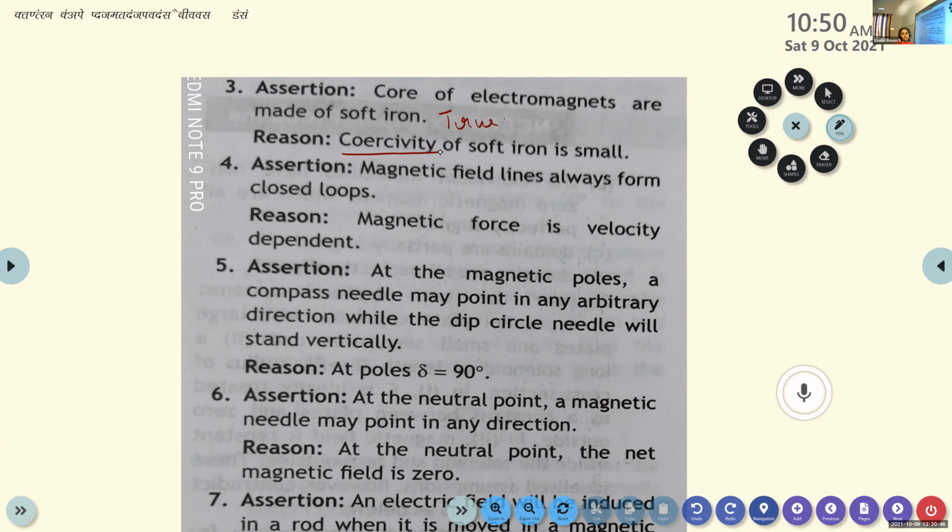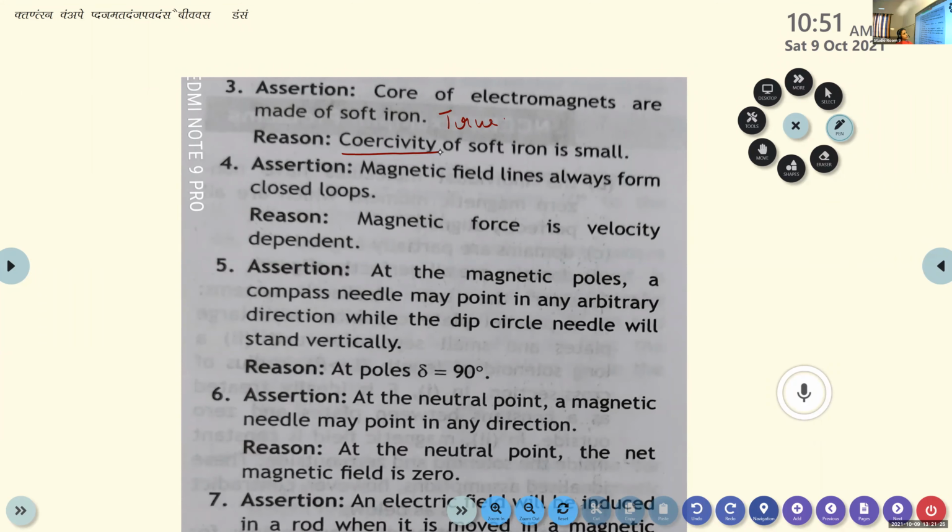Coercivity means the resistance of a magnetic material to change its magnetization. So this implies that the higher the coercivity, the more difficult it is to demagnetize the material. It is some kind of resistance offered by the magnetic material to change its magnetization.